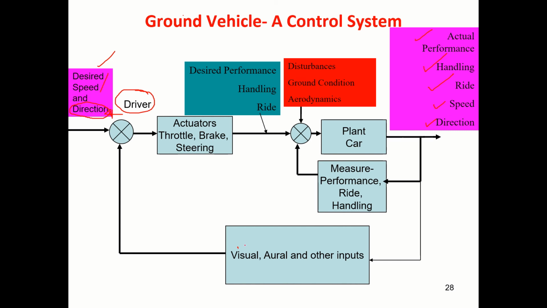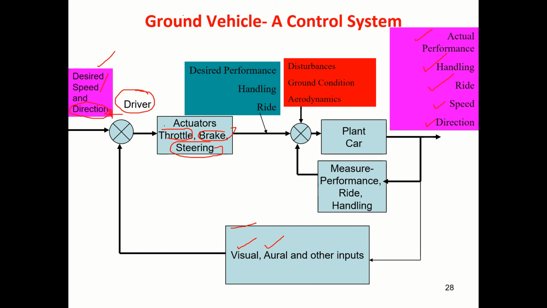Direction I can see visually. Road condition also I can reason, my vehicle condition. Many of these things I can see, correct. Seeing this, I can operate my throttle, brake, steering.